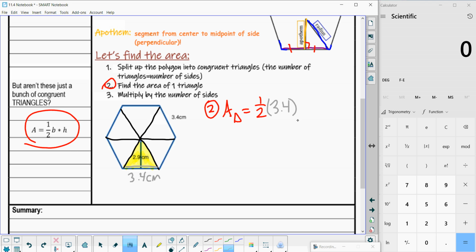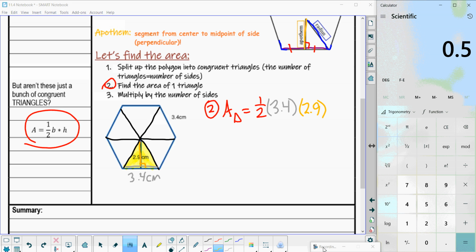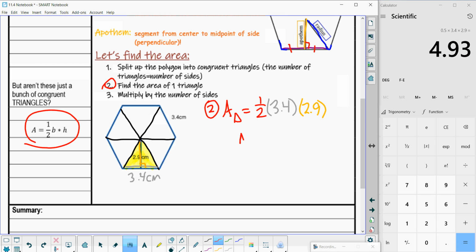And then our height is going to be our apothem here, which is 2.9, because it is perpendicular. So times 2.9. Then type this into your calculator. I'm going to do for a half 0.5, so 0.5 times 3.4 times 2.9. That's the area of one triangle. Okay, so area of a triangle is 4.93. Our units are centimeters, so centimeters squared.